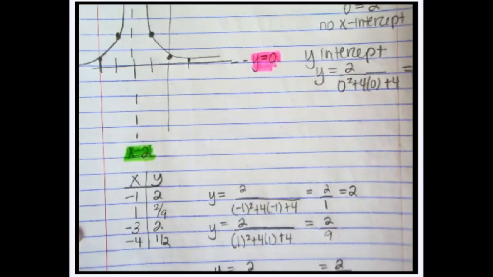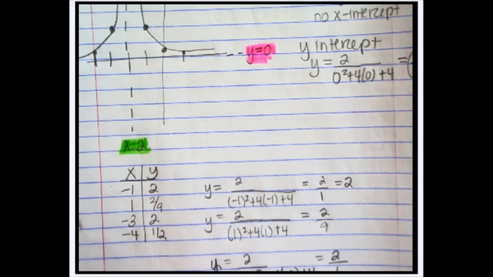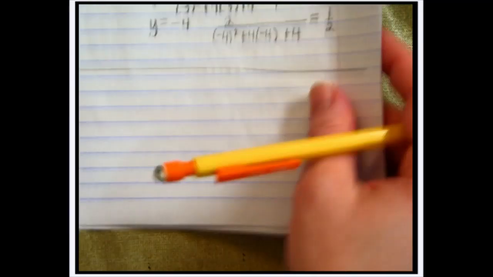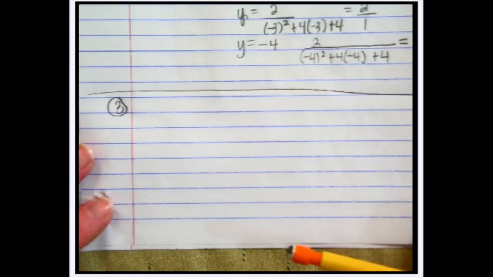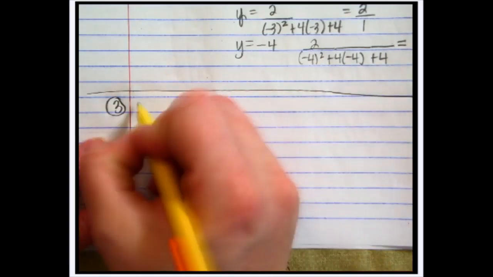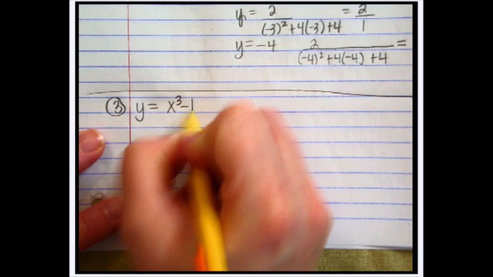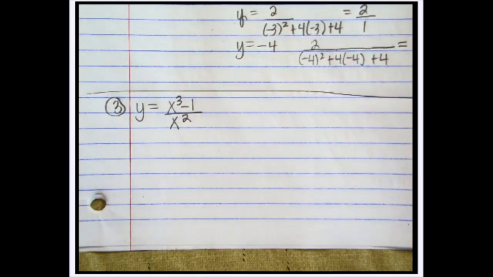So let's look at number 3. Number 3 is y equals x cubed minus 1 over x squared.